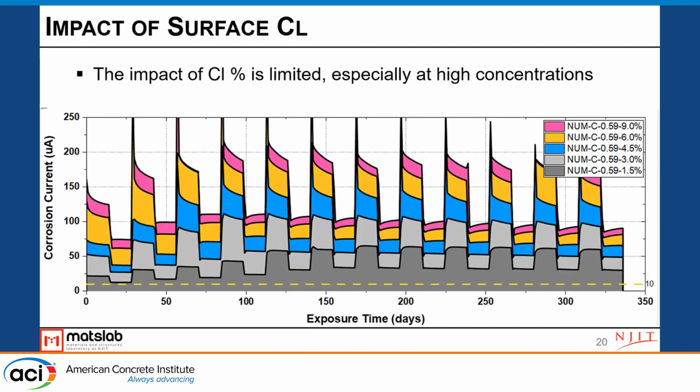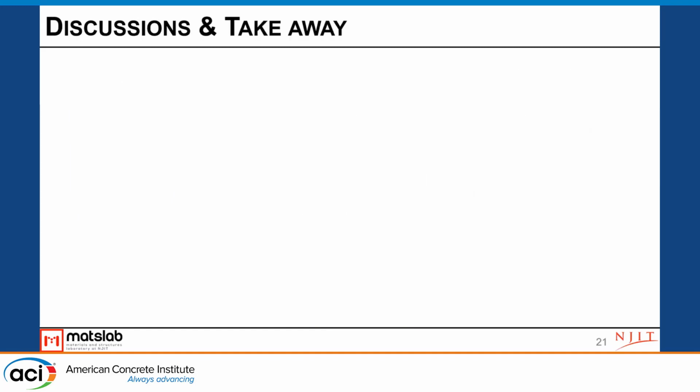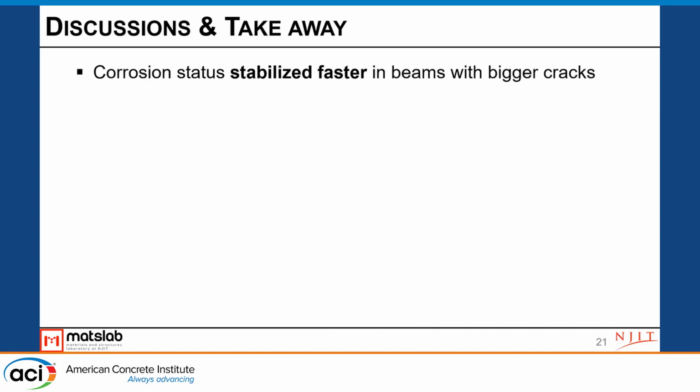So what it tells us is, of course, we get higher corrosion possibility when we have higher chloride concentration. However, the relationship between these two is not linear. The impact of surface chloride concentration is actually limited when the concentration is high enough. So here are some takeaways from the simulation results.